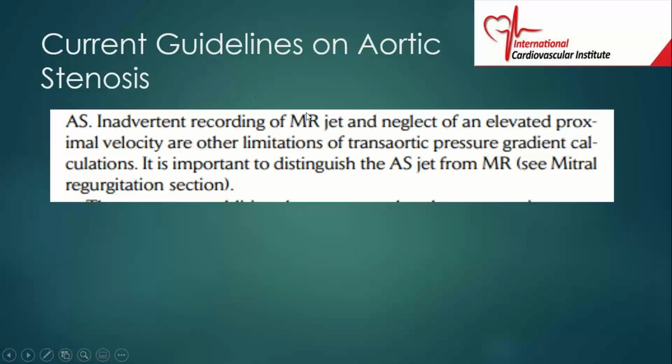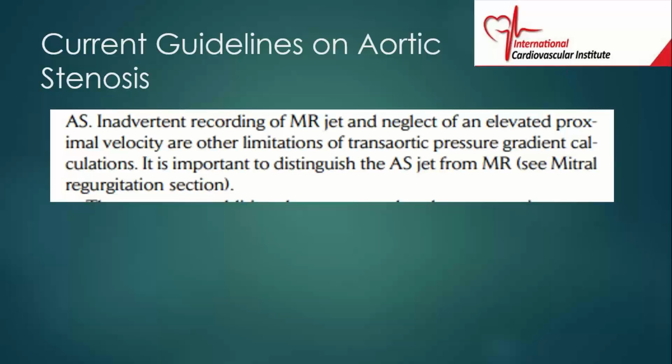And we talk about mixing up your AS jet with your MR jet. You have to know how to distinguish them, and we discuss looking at the shape of the curve. Usually the MR velocity is about 5 meters per second or more.